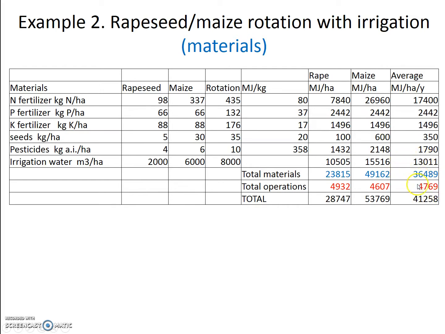See that in general the energy required for materials is much higher than the energy required for operations. In this case, the most important uses of energy are related to irrigation and to nitrogen fertilizers.